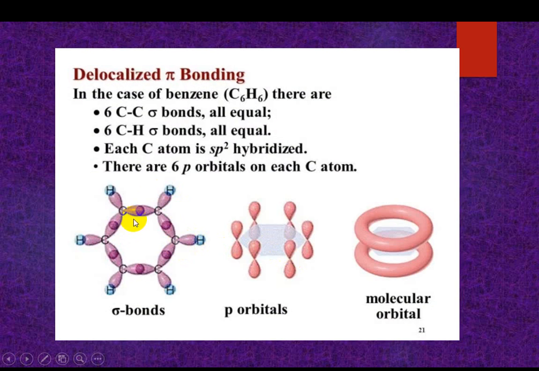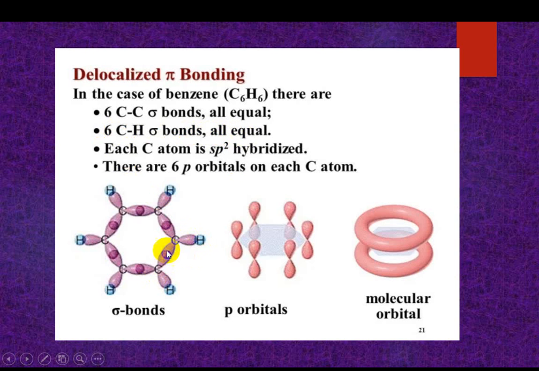Okay, benzene contains 6 carbon sigma bonds. This is the carbon sigma bond, 1, 2, 3, 4, 5, 6. So benzene contains 6 carbon sigma bonds, all are equal. And also 6 carbon-hydrogen sigma bonds, all are equal.